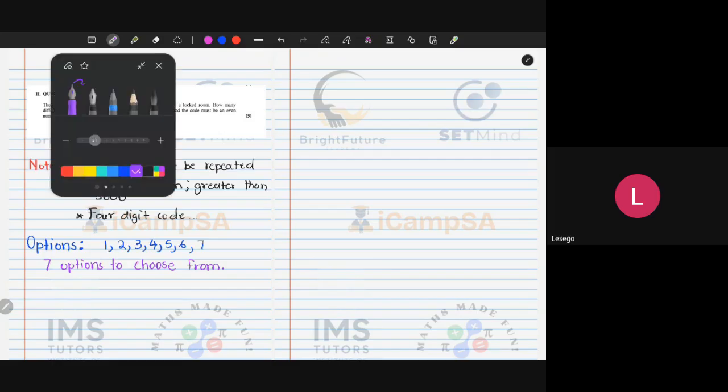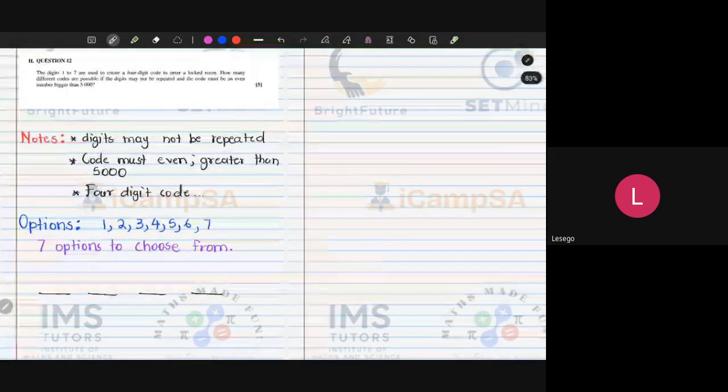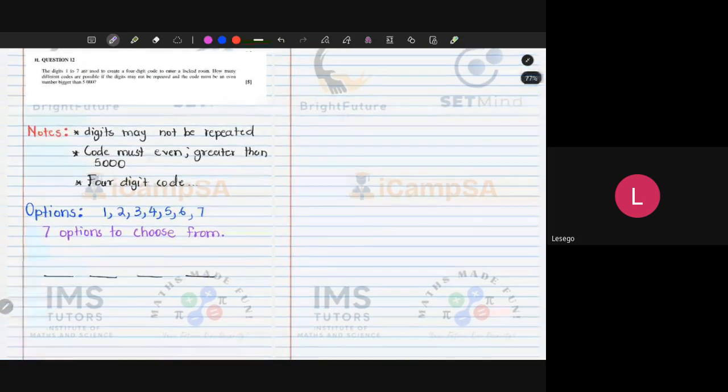So let's think of how this is going to look. I have 1, 2, 3, 4. They said that they require this code to be even. So what is an even number, guys?